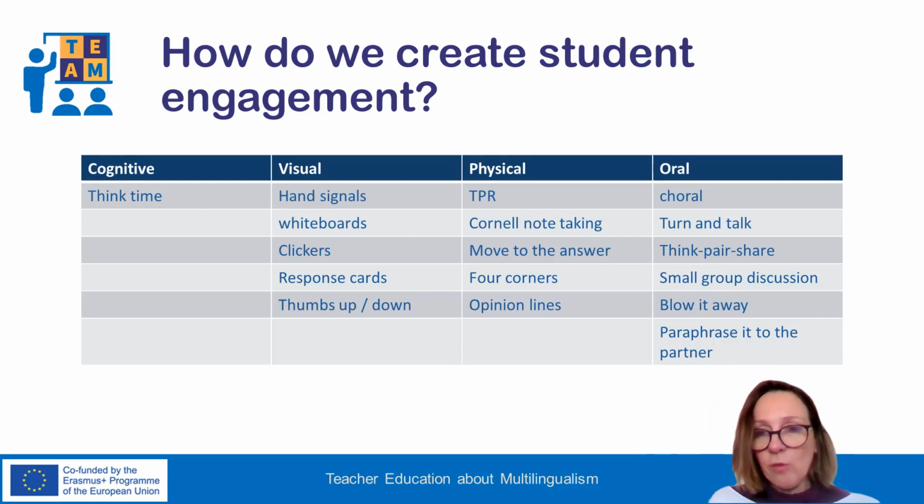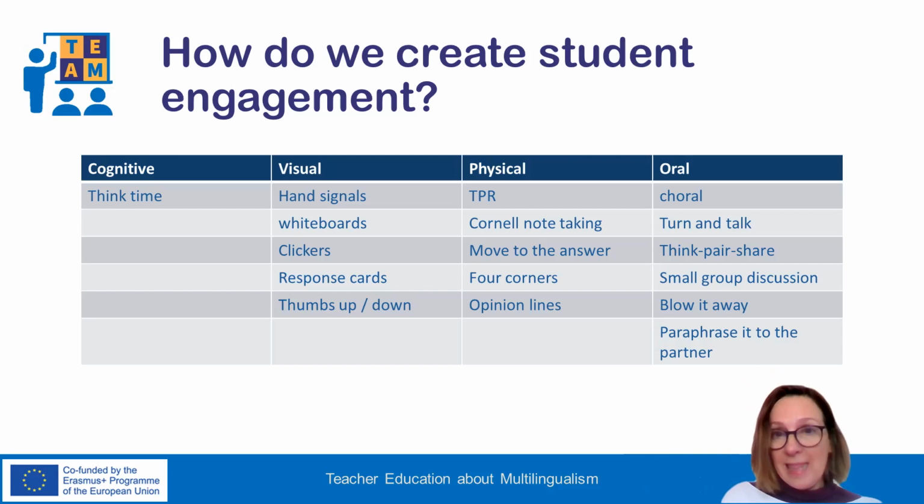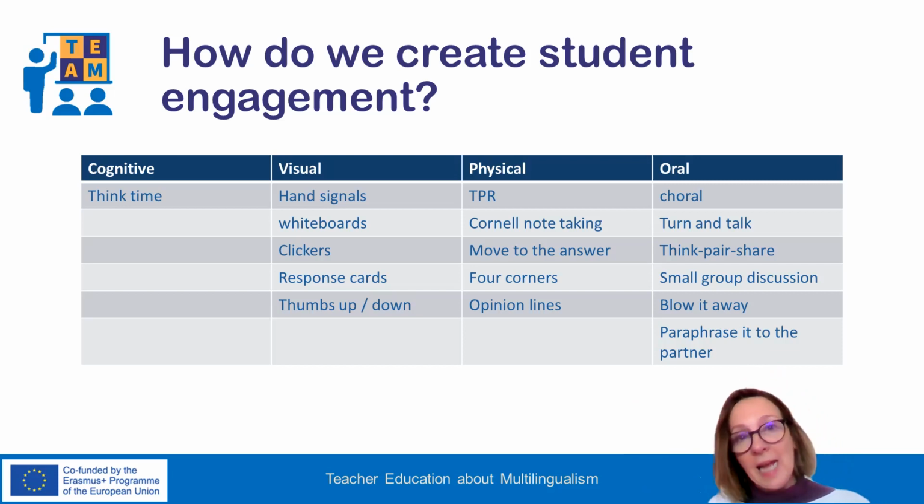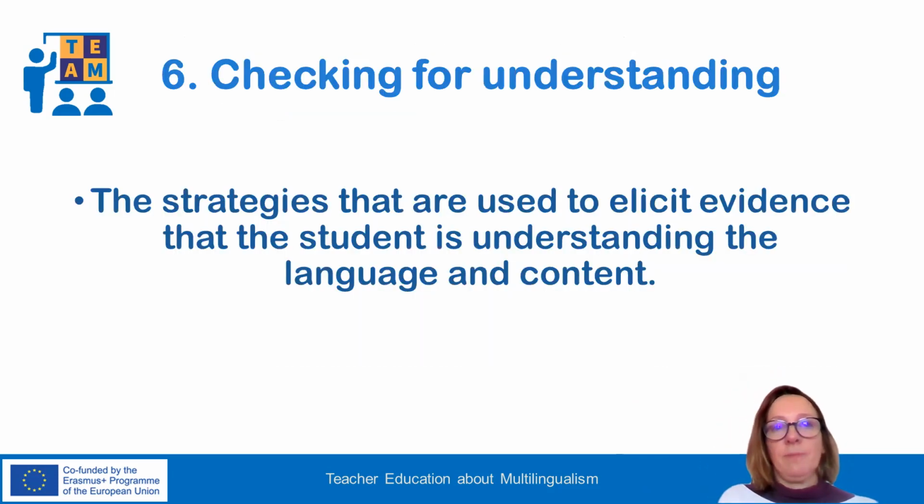Think what your answer is, pair with your partner, and share with the rest of the class. Small group discussion, discuss your answer, your thoughts, your ideas in small groups. Blow it away, shout it out, or paraphrase it to your partner. So these are techniques that ensure that students are cognitively, visually, physically, and orally engaged in class.